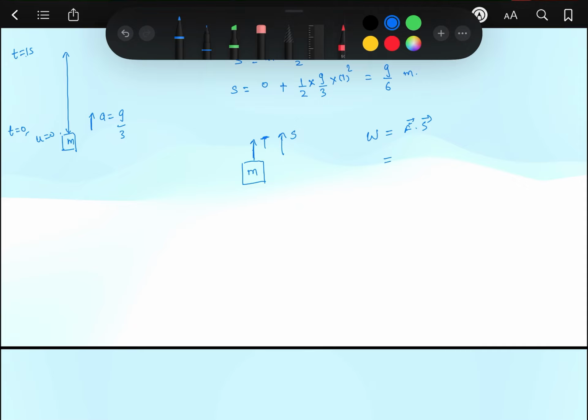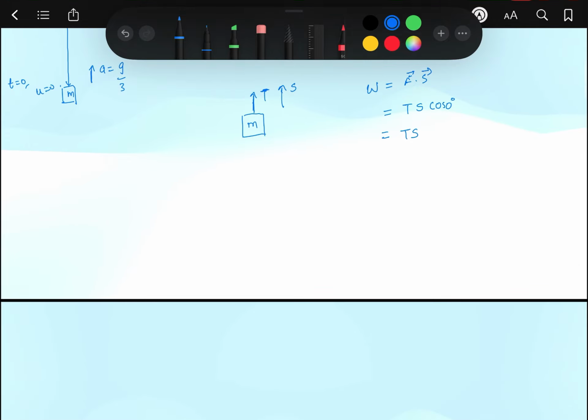This is T times S times cos of the angle between them, which is 0 degree. So this will be equal to T dot S.